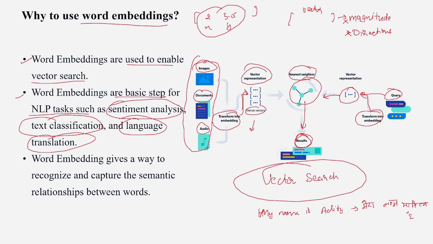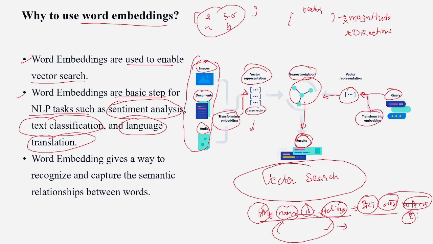So word embeddings are very important in this translation task. Name is similar to नाम, my is similar to मेरा, is is related to है, and Aditya is similar to आदित्य. So we have vectors which preserve the context, and that is how word embeddings are useful in this case.